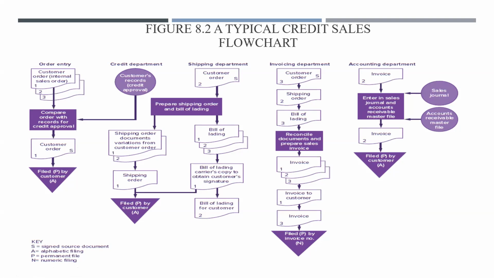So in this step, shipping, what are the key controls? So for example, do you think the shipping department should be the same person as the credit or the ordering department?